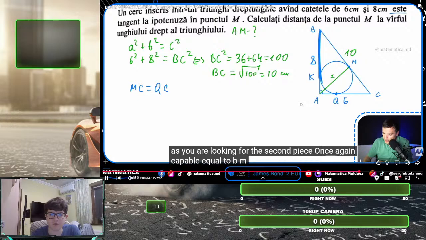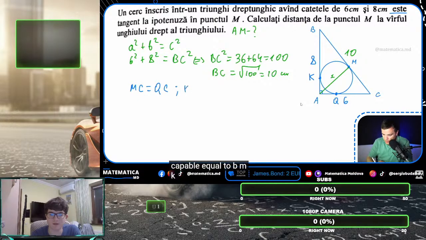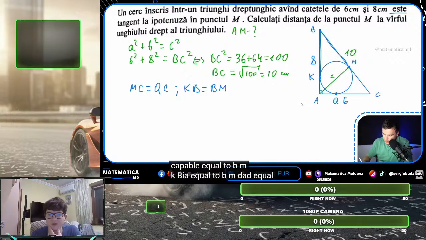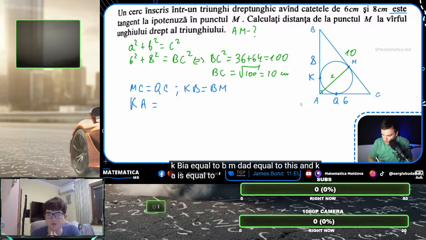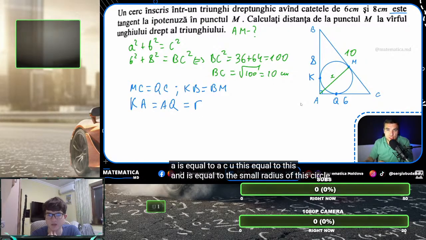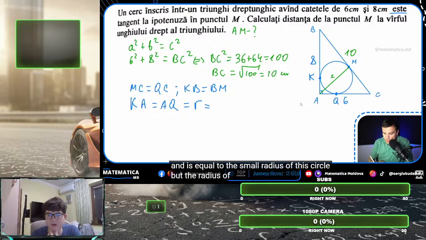MC is equal to QC. What? MC is equal to QC. QB, KB is equal to BM. BM. And KA is equal to AQ.